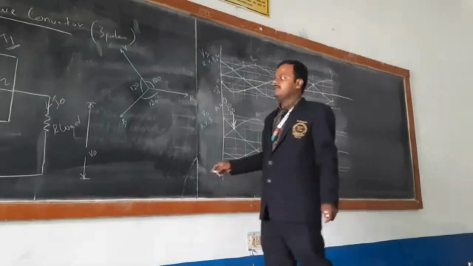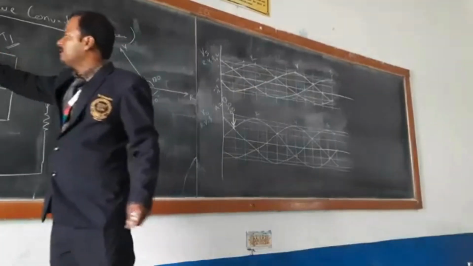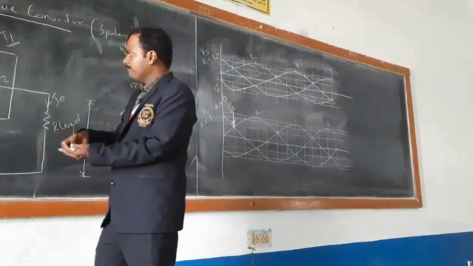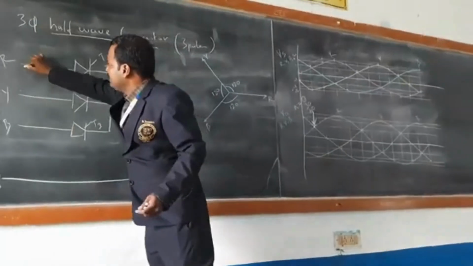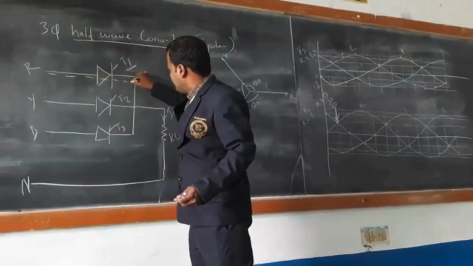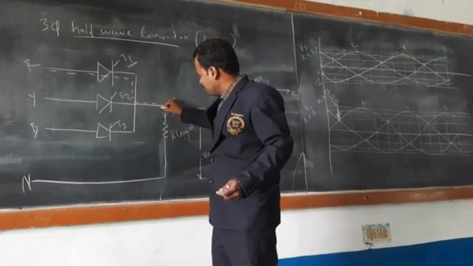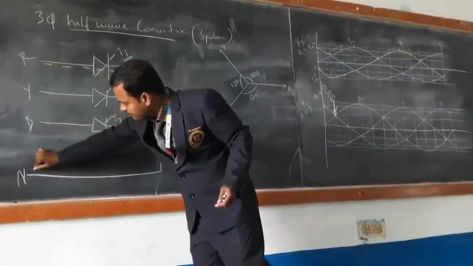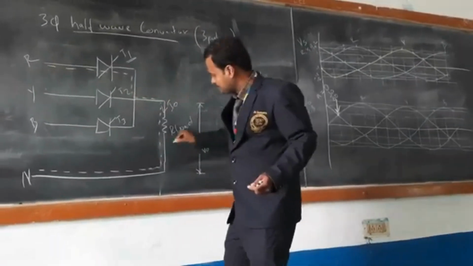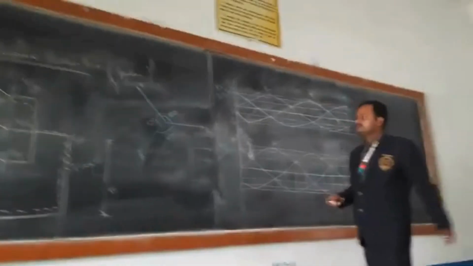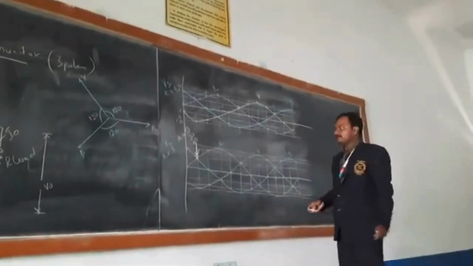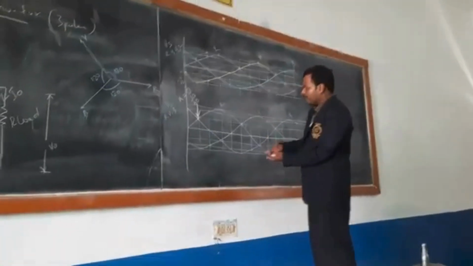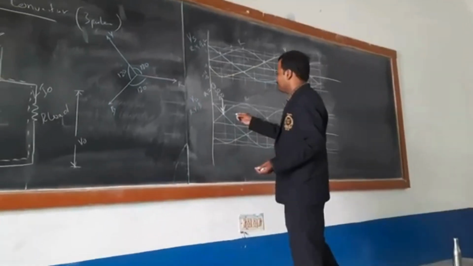After giving a pulse to the T1, what happens? The current starts flowing through the R phase, through T1 and through the load, and back. It is going to follow the R phase supply voltage.